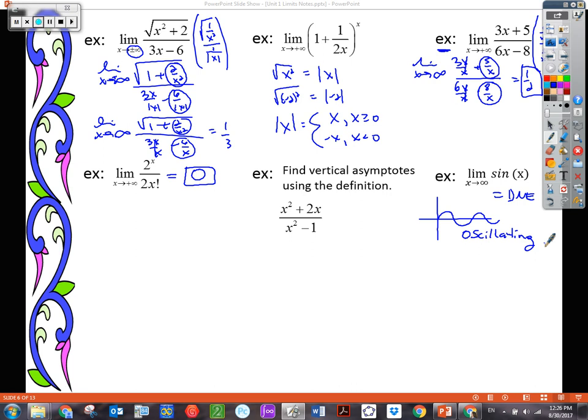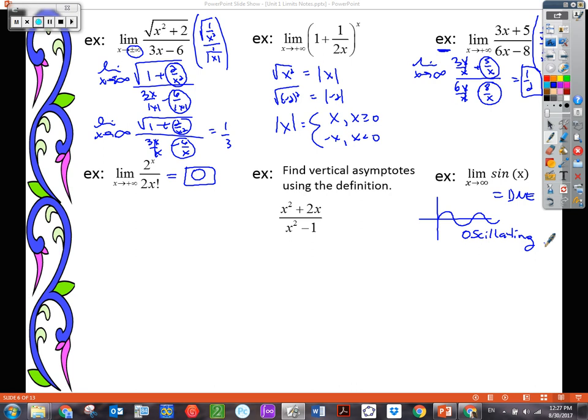Okay. Last problem. We're being asked to find vertical asymptotes using the definition. We haven't been told what A is. You know, some problems they'll tell you what A is and they'll say, show that A equals, you know, whatever is a vertical asymptote. We don't know what A is.